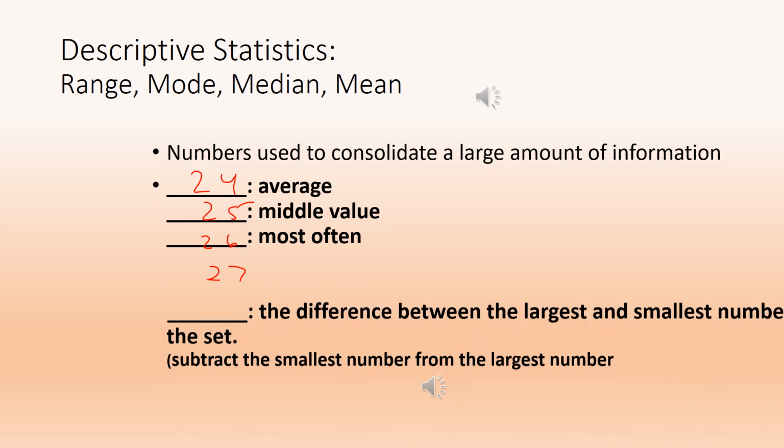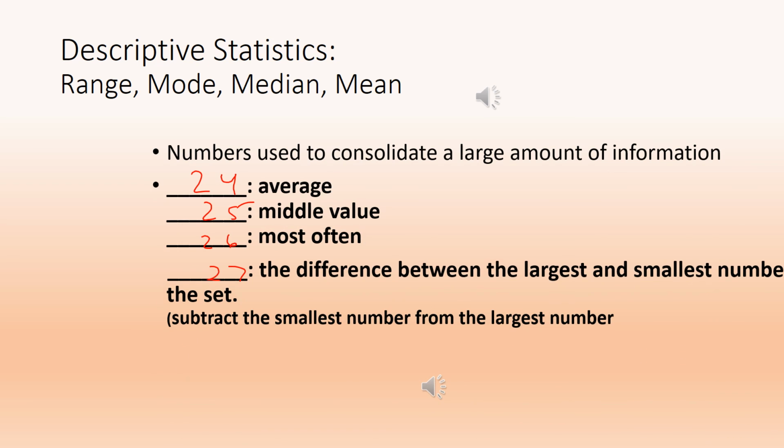And finally, number 24, what is the average, where you add up all of the numbers and you divide by how many there were? 25, the middle value, having to put them in order from smallest to largest, finding which one's in the middle.